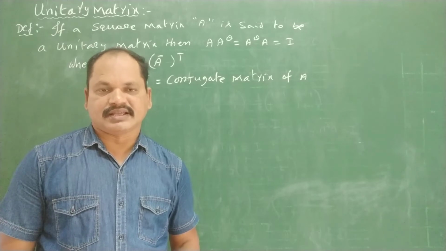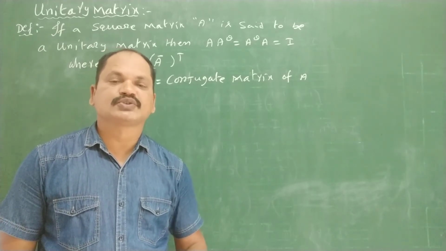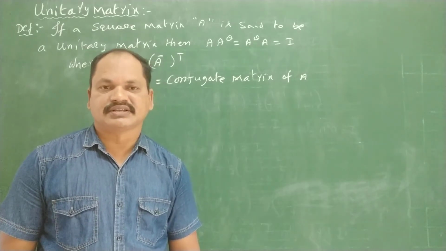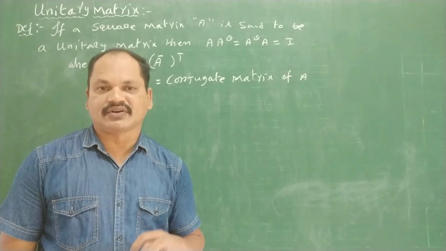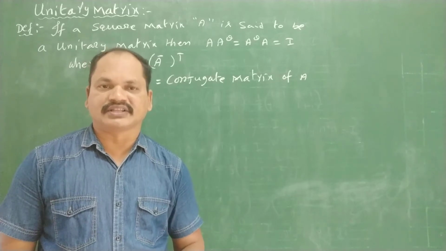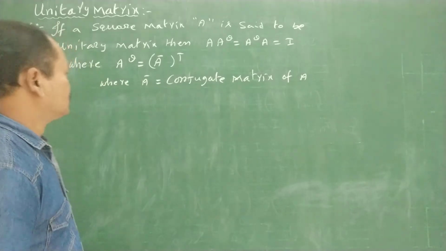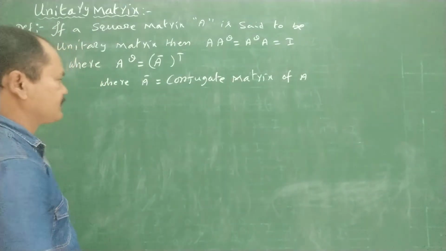So a minus ib and a plus ib are conjugate to each other. That's why the transpose of the conjugate matrix of A is called A power theta. Right? Now, we have to take one example on this concept.